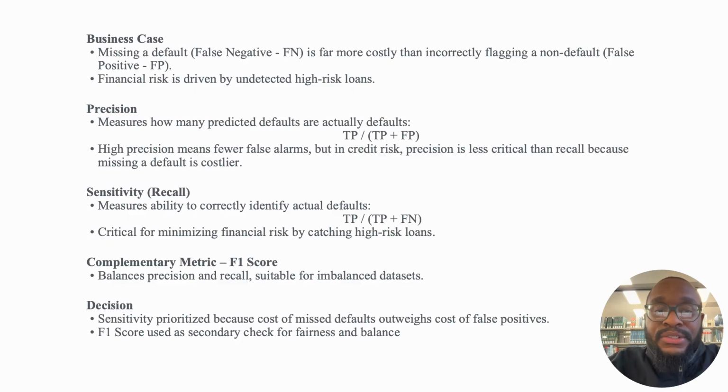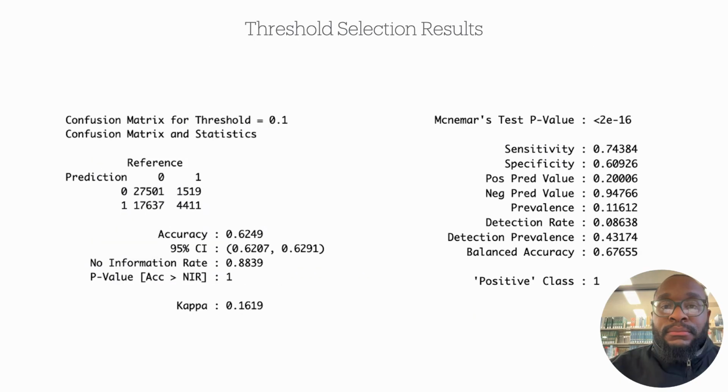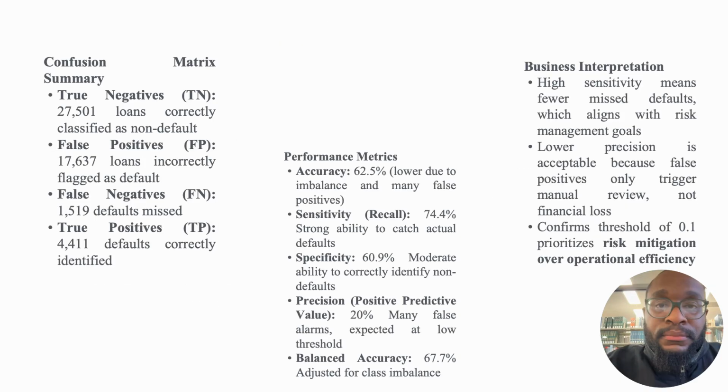So our final decision was to prioritize sensitivity over recall due to the cost of missed defaults, and also use the F1 score as a secondary evaluation metric. So next we have a look at the confusion matrix that a selected threshold of 0.1 outputted.